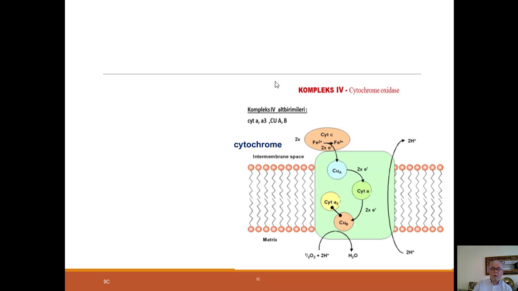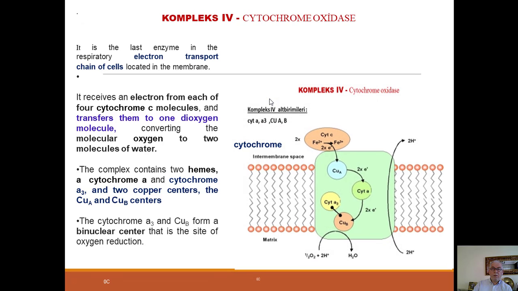And when we look at the last complex of the electron transport chain, called cytochrome oxidase, it is the last enzyme in the respiratory electron transport chain of cells and is located in the inner membrane. It receives an electron from each of 4 cytochrome c molecules and transfers these electrons to one dioxygen molecule, converting the molecule of oxygen to 2 molecules of water.